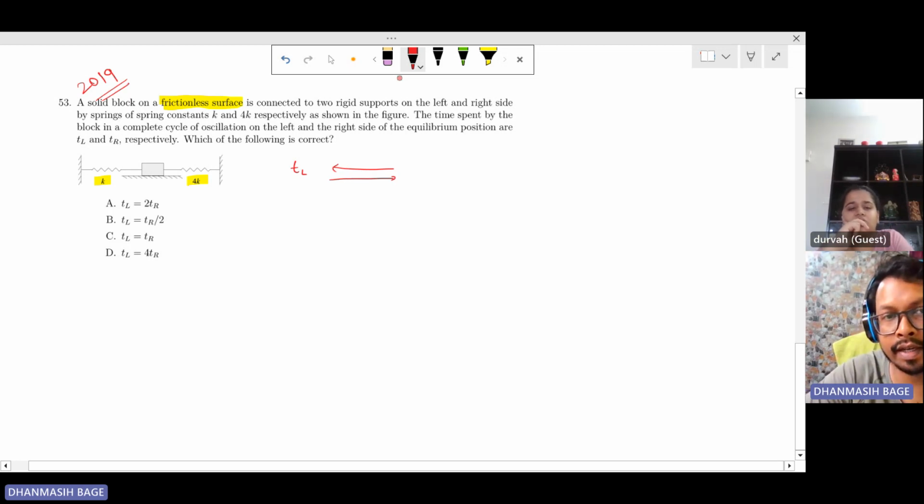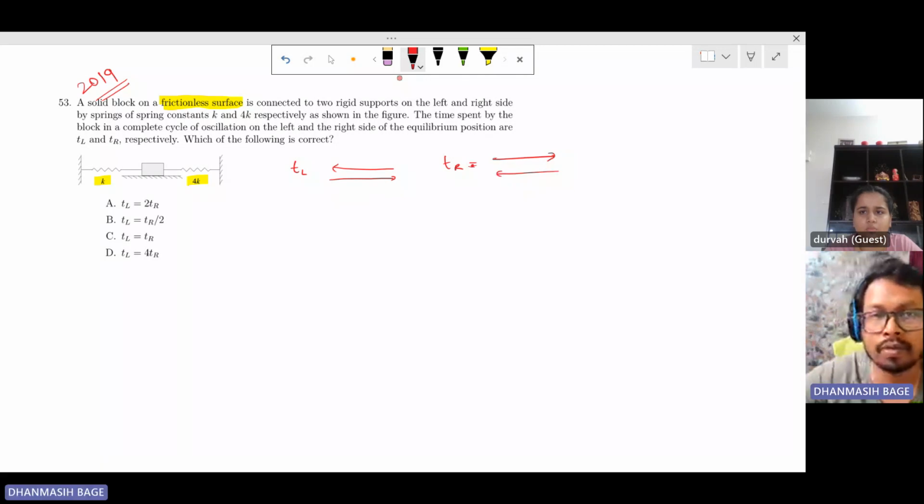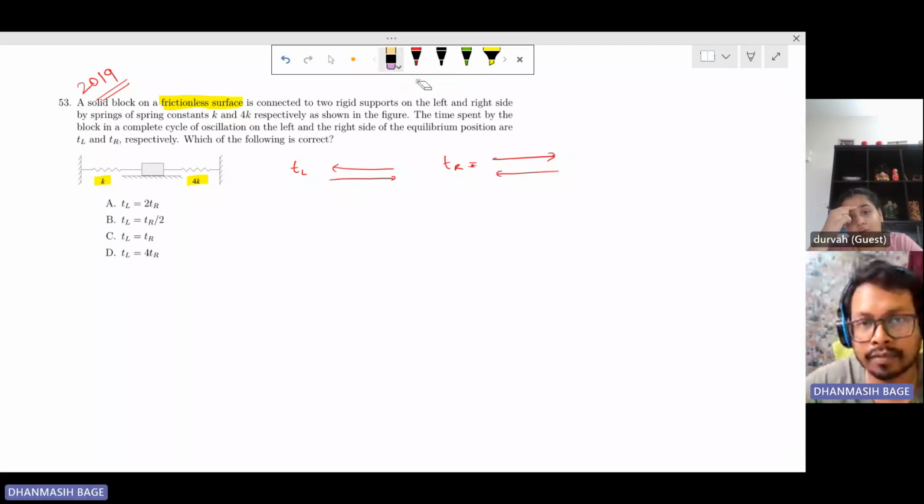This is the TL time. And TR means, see that when it tries to go to the right side, this is the thing. Now try to figure out the answer.